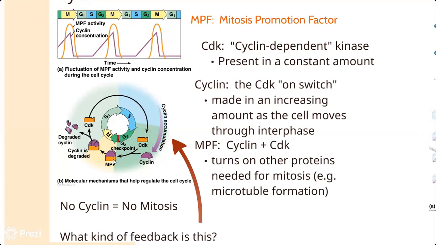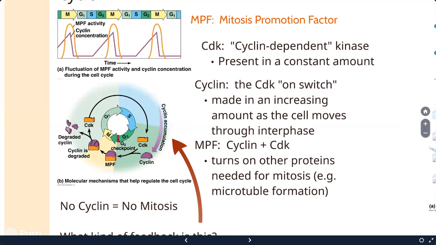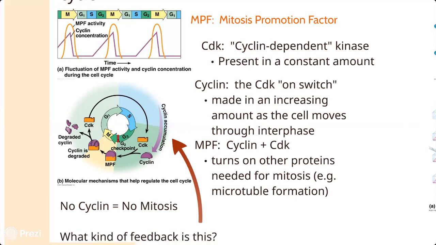Cyclin does get used up in the reaction, so it degrades after it's done this reaction. So cyclin changes its concentration, and it's cyclical. You can see it in the graph up here. It is cyclical.